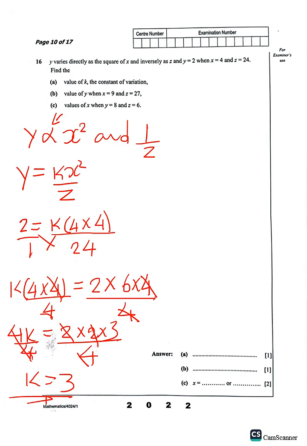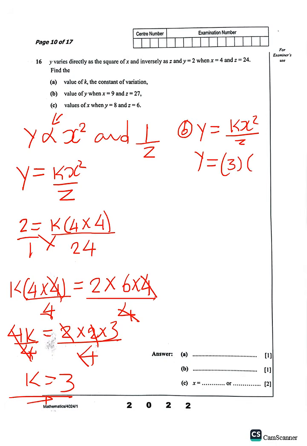Find the value of y when x is equal to 9 and z is equal to 27. So y is equal to kx squared over z. What's our k? 3.